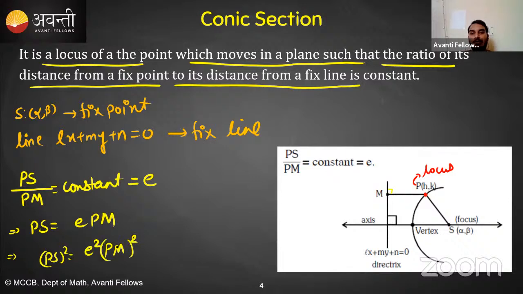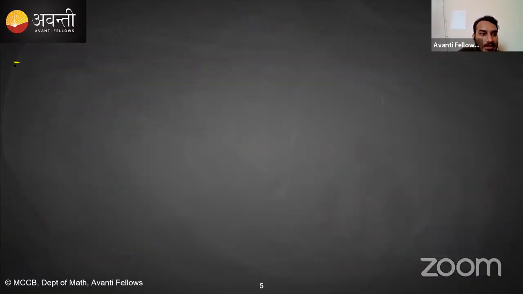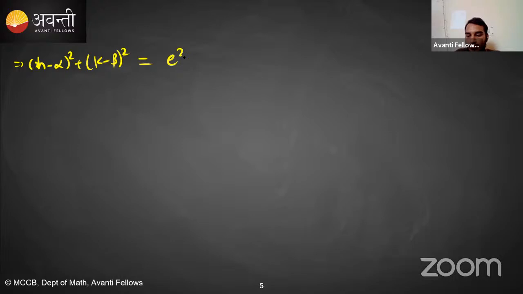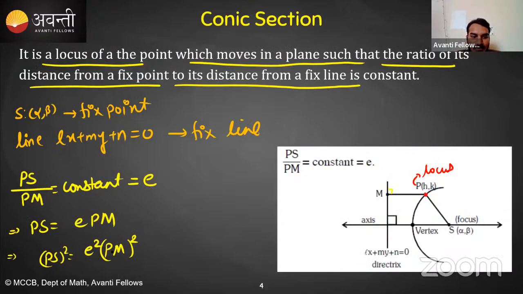So what is PS? It is the distance of point P (h, k) from this fixed point S (alpha, beta). So it can be written as (h minus alpha) whole square plus (k minus beta) whole square is equal to E square into PM square. What is PM square? PM is the distance of the point P from the fixed line.